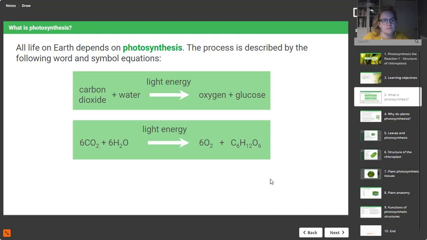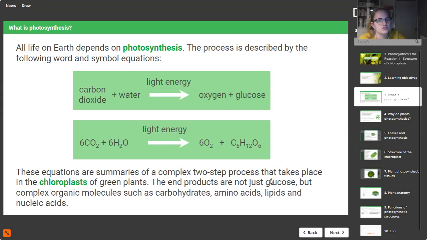So, photosynthesis is actually a 2-step process. The first step is the light dependent reaction, and the second part is the light independent reaction. And this all takes place in the chloroplasts.